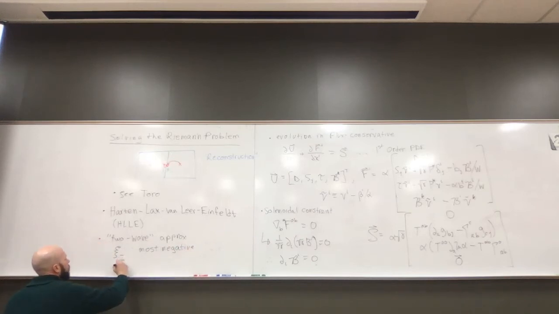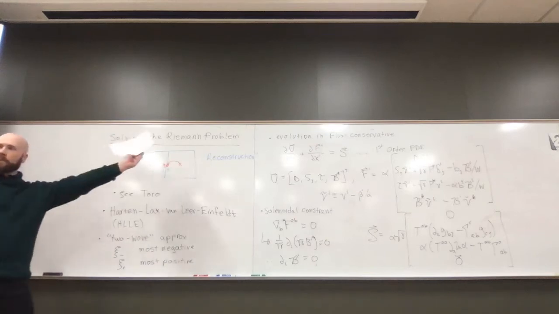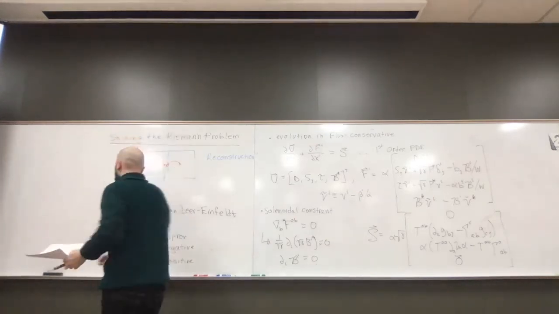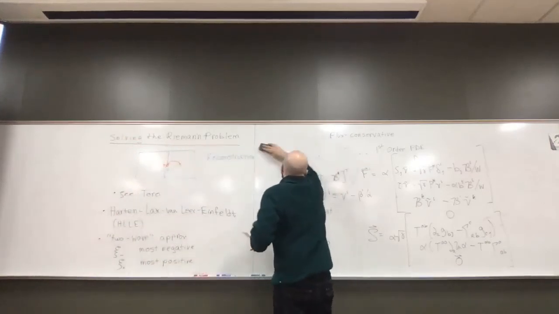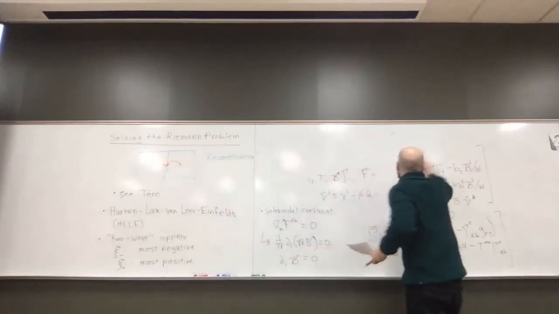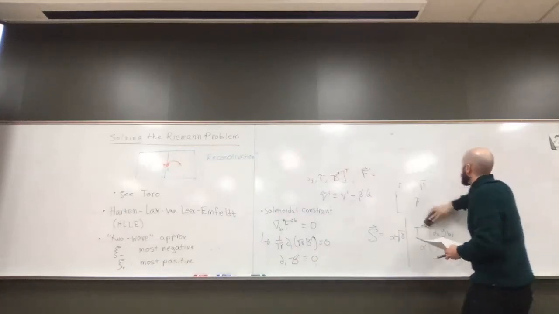And then the other one, xc plus, is the most positive, so the wave characteristic speed moving in the other direction at the greatest rate, away from that interface. Okay. Commit these to memory, so I don't have to write them again.